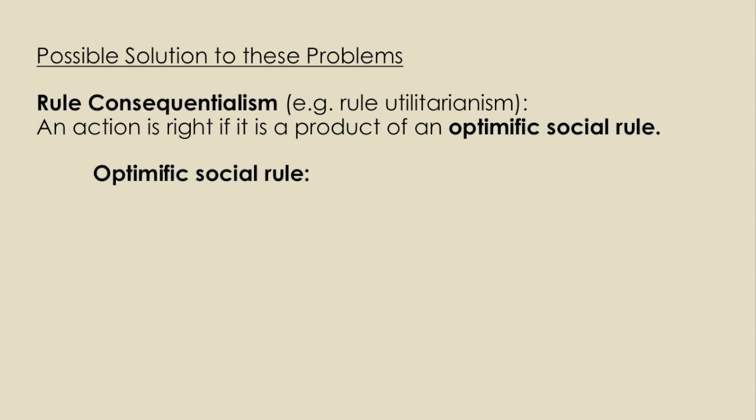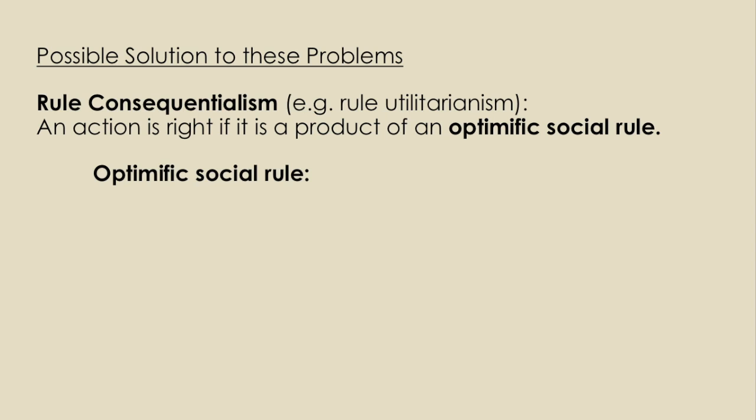And so this theory then is, in an important sense, an irrational theory. Why? Because it tells me that I should tell the axe murderer where my family is, even though telling the axe murderer where my family is not going to produce the optimific result.